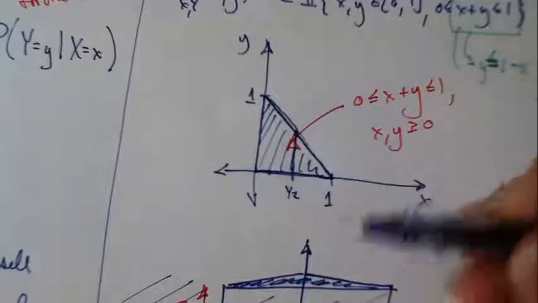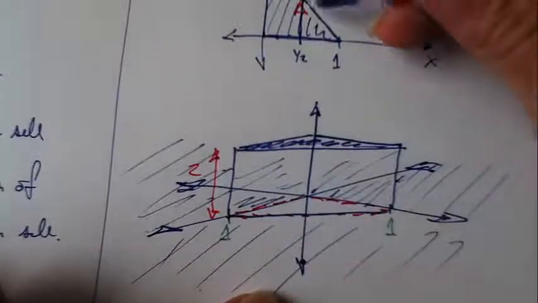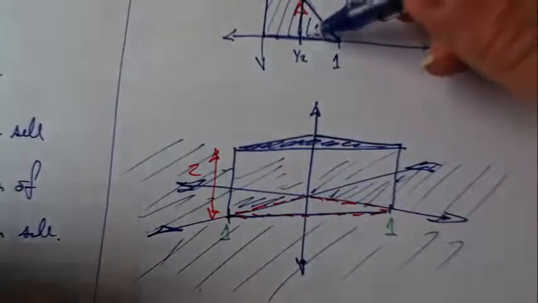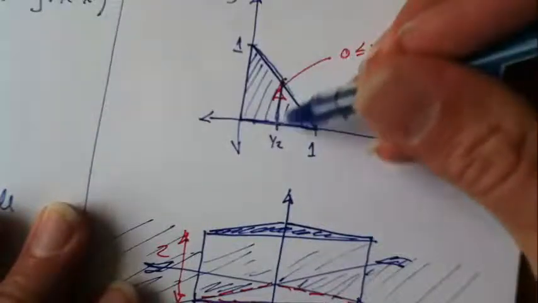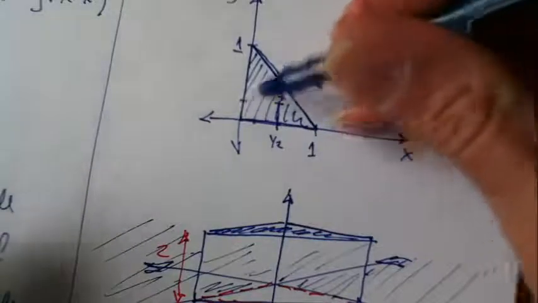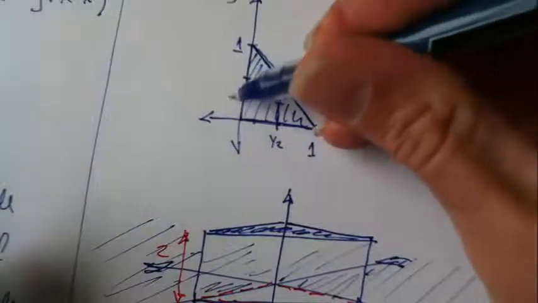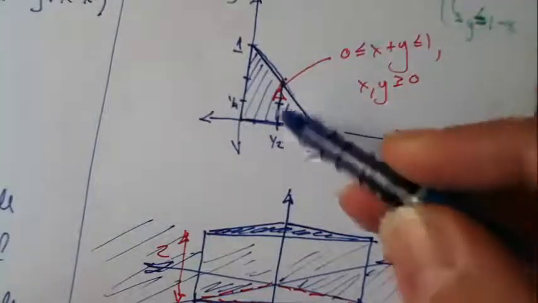It's flat right through there. In fact, given x, y is uniformly distributed from here up to here. So the expected value of y ought to be a quarter, I think. It's a half of a half.